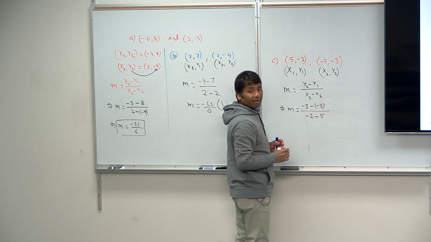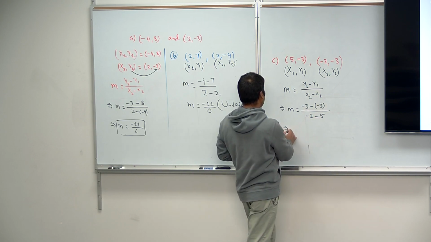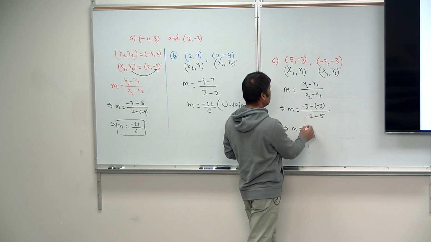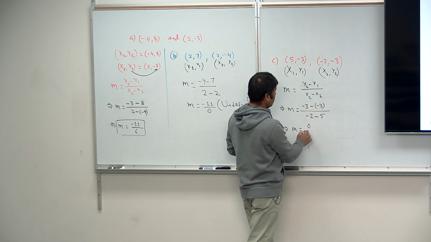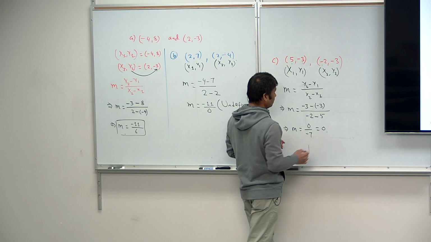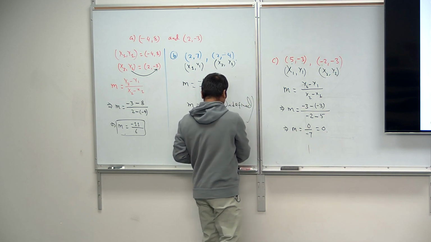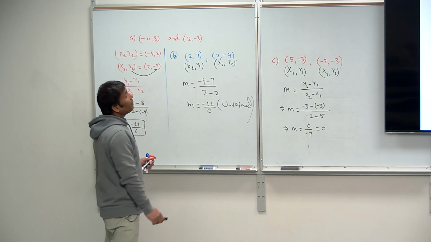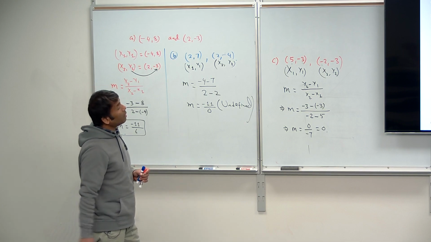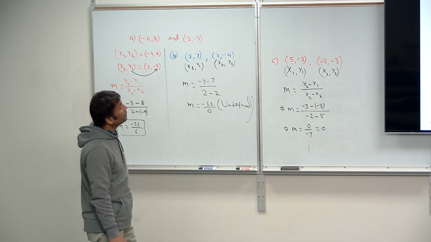That is 0 over -7, which is 0. The slope of a horizontal line is 0.